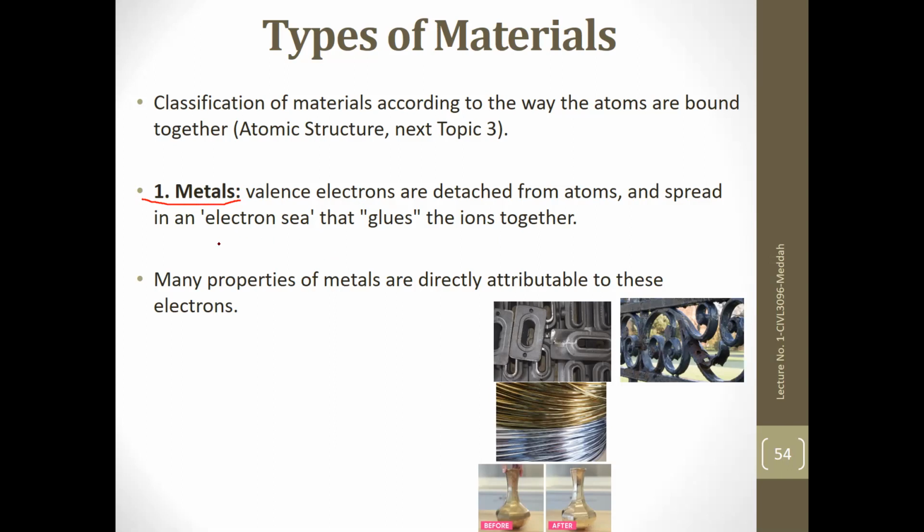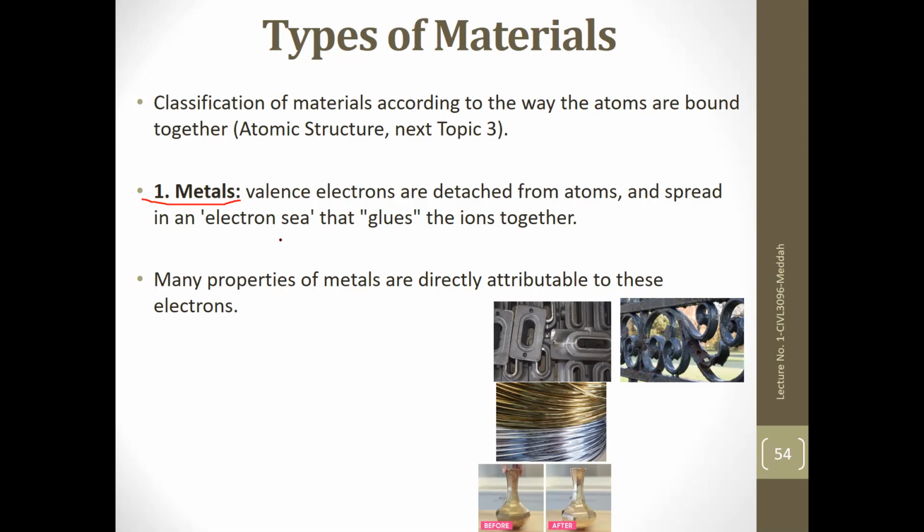And of course, the main properties of metals are heat conductivity and electrical conductivity, both. They have a high electrical conductivity, and this is due to the type of chemical bonding, which is metallic bonding.